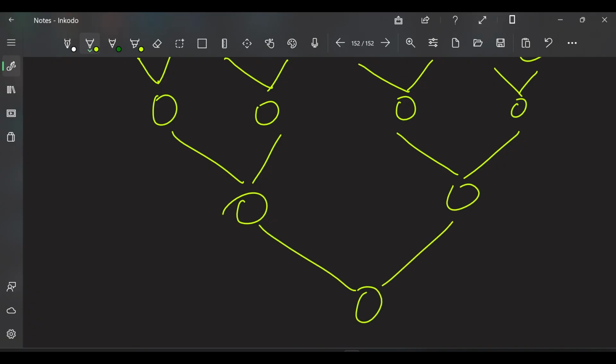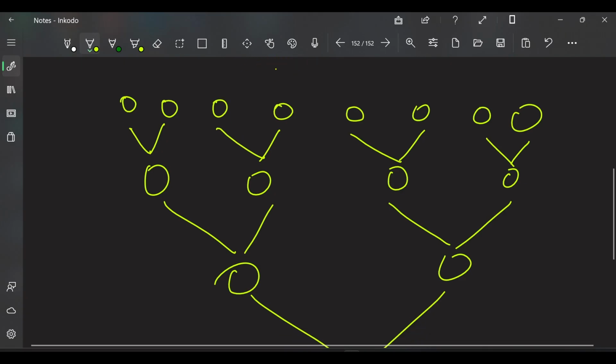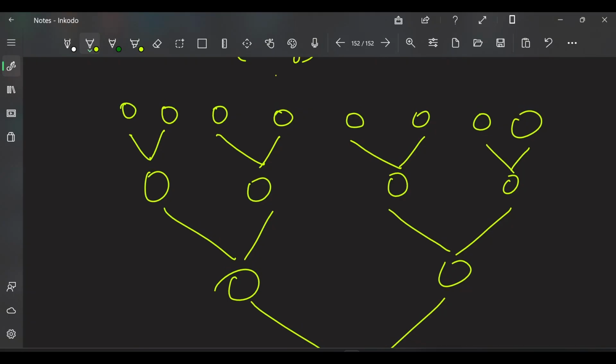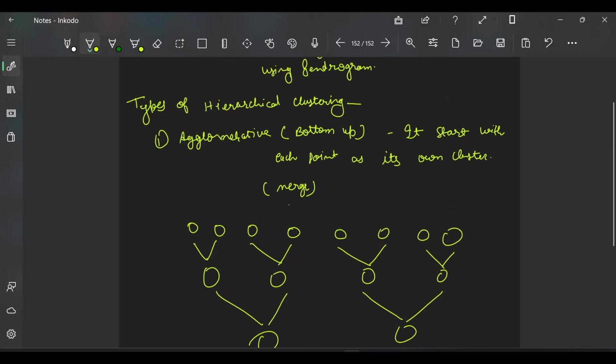This is nothing but the bottom-up approach. It helps when there is a large amount of data, reducing it into smaller chunks that we then work on. This is called the agglomerative approach, or the bottom-up approach.